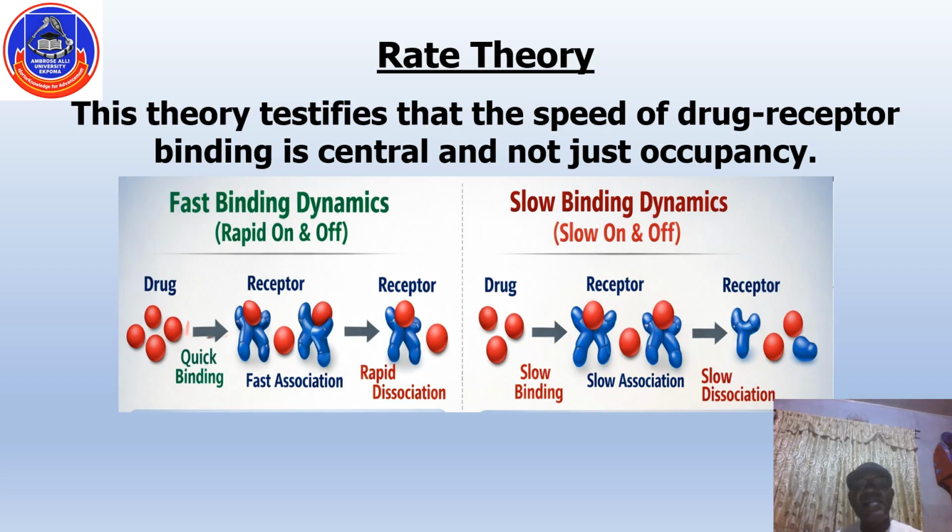On the right side, we can see that there is a slow binding dynamics. Drug binds slowly and dissociates slowly. This leads to gradual onset but prolonged action. So the more time it stays in the receptor, the longer the effect.